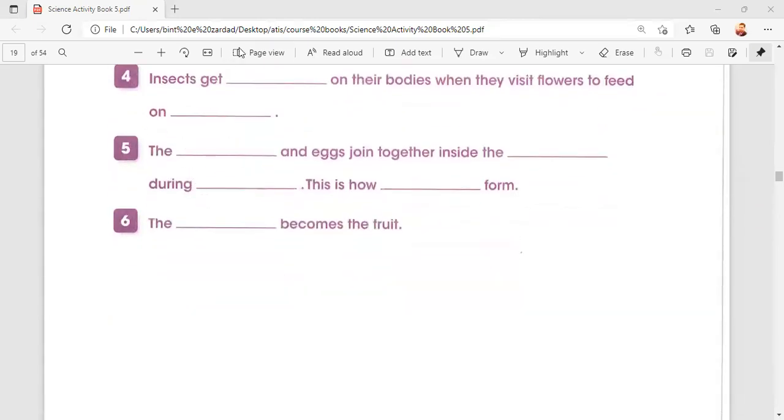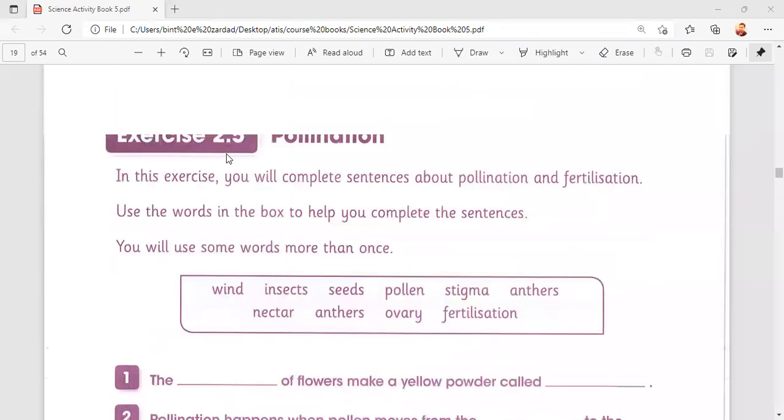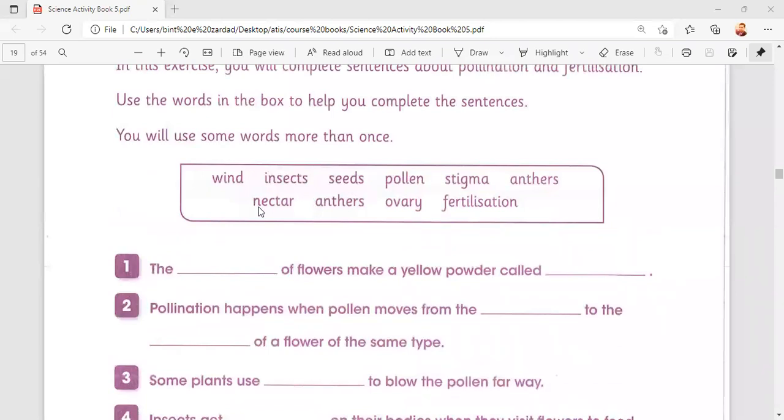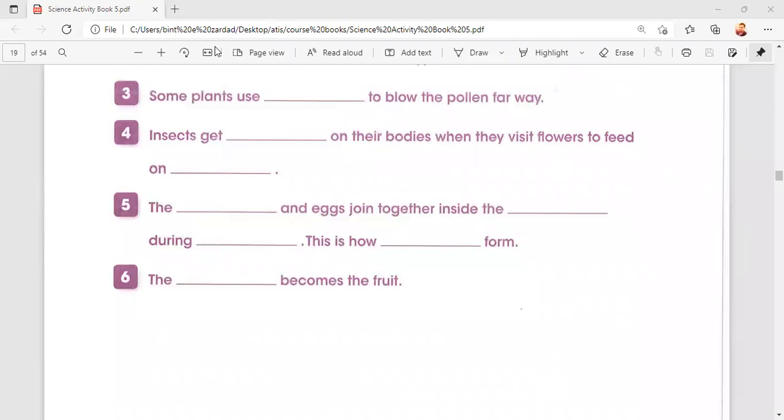Number 5, the pollen and egg joined together inside the ovary.